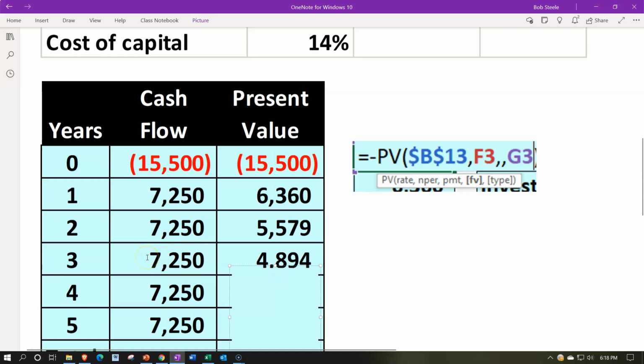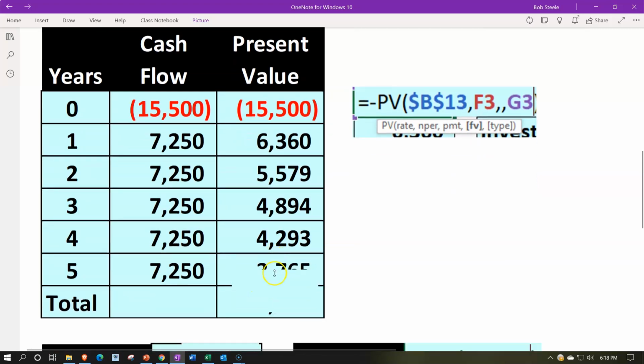The 7,250 discounted back 3 years at 14% gives us 4,894. The 7,250 discounted at 14% 4 years will give us the 4,293, and the $7,250 discounted at the 14% 5 years will give us the $3,765.